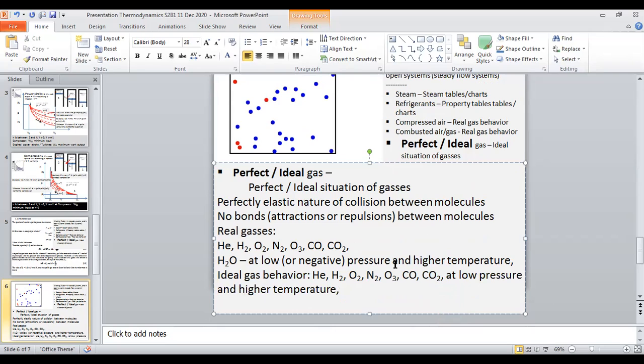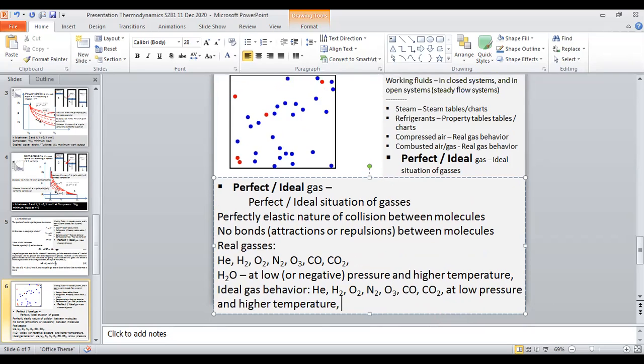Even at atmospheric pressures, these are really in gaseous forms. So higher temperature is enough even. Low pressure is also okay to put.